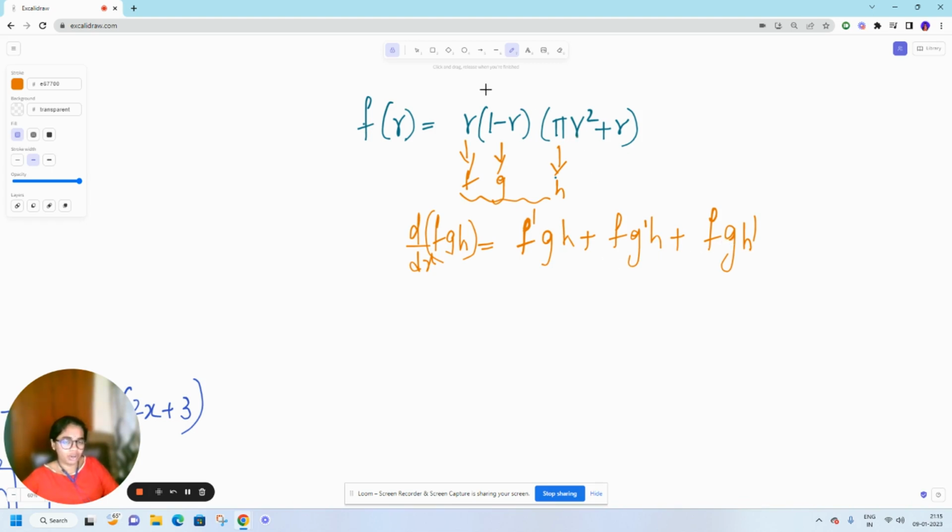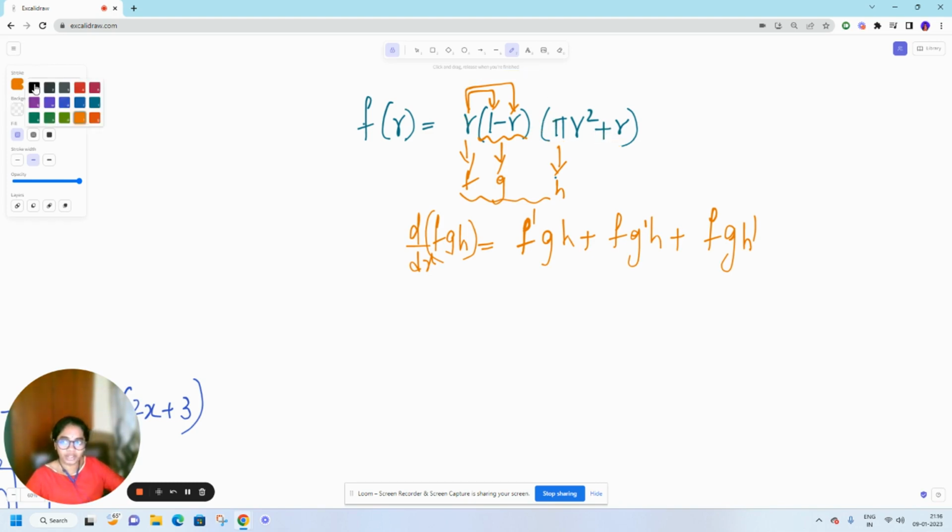Okay, or the simpler way to solve this is, I'll multiply this r with each term inside this bracket. Yes, or you can either do this or you can multiply it with this one. It is your choice, you would get the same answer. Okay, so let me multiply it with the first bracket.